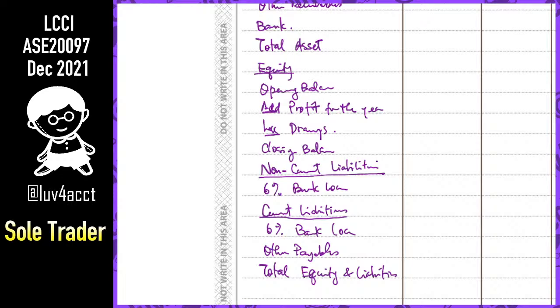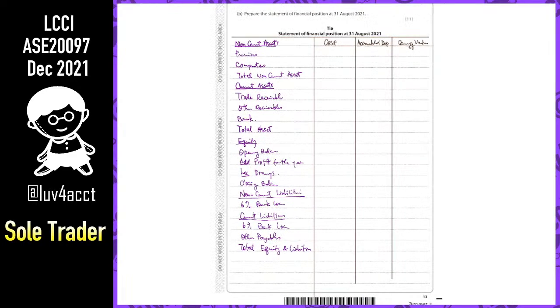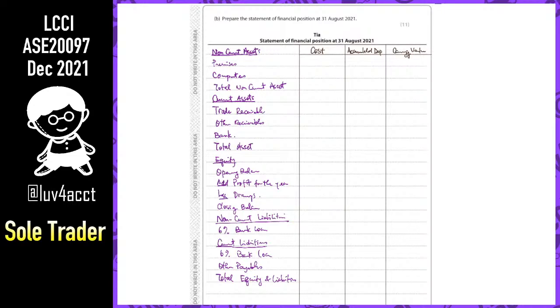Finish. Now let me draw the lines first. Trade and other receivables here, bank here, the total asset, drawings, bank payables. Like this, finish. So let us start.